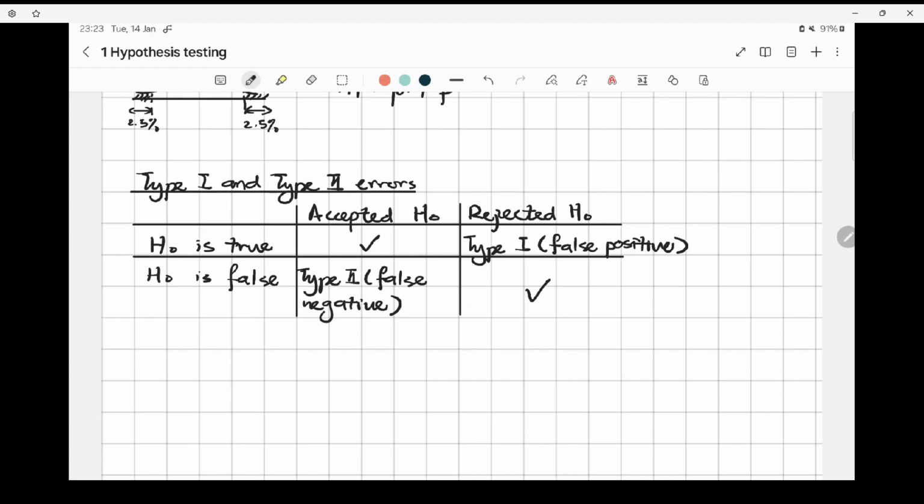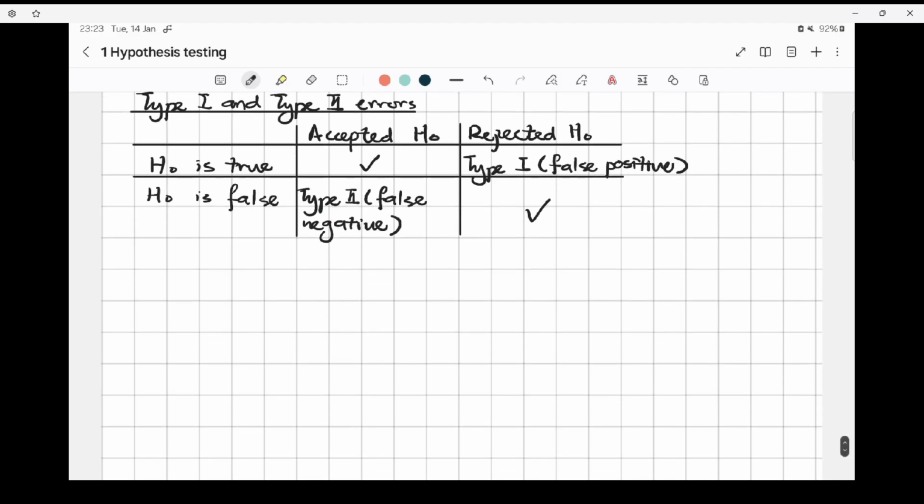So one of the very important questions in this particular section is to calculate, for example, the probability of performing your type 1 errors and type 2 errors.